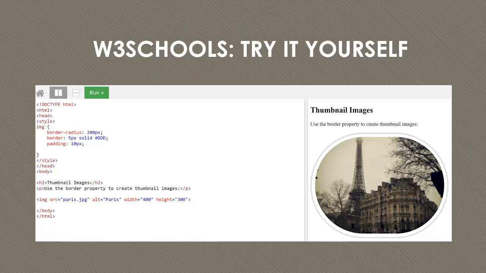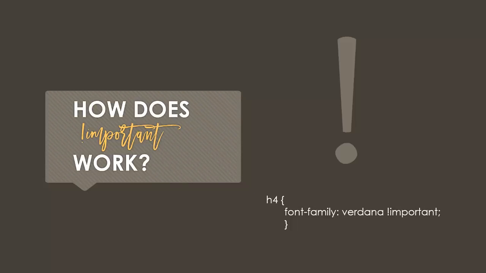All right, so there's one last thing that I want to teach you about CSS before we dive into some screen sharing, and that's the important rule. So if you add an exclamation mark and important to the end of a value, like you see here on the right side, that value is going to be overriding regardless of where it is in the cascading, okay?